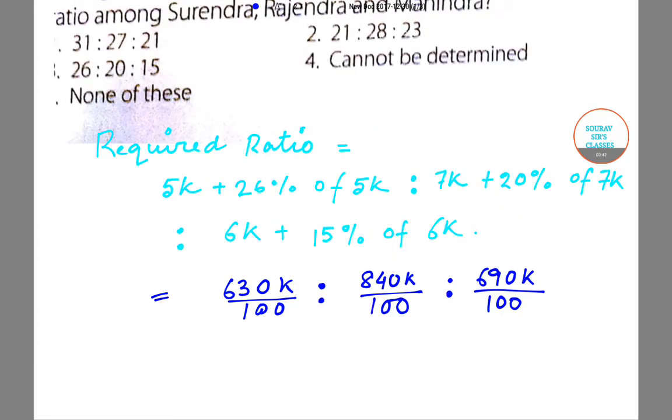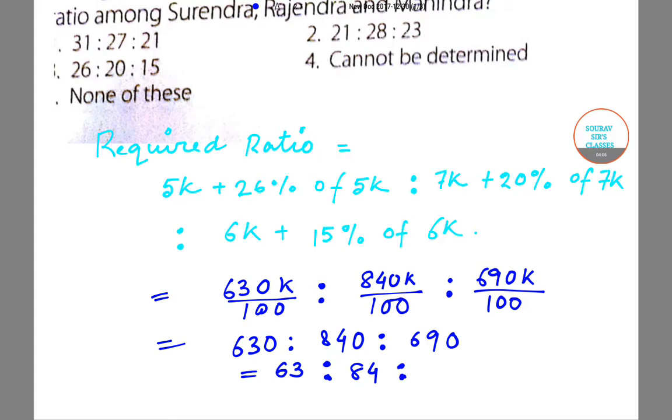Now again, from this we can write it as 630 is to 840 is to 690, that is equals to 63 is to 84 is to 69, that is equals to 21 is to 28 is to 23.